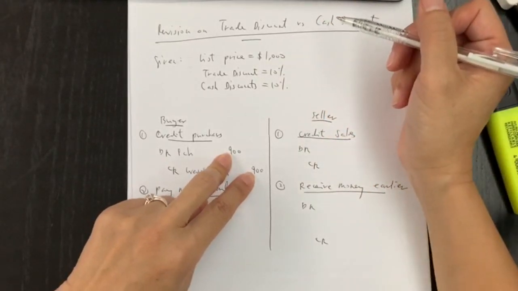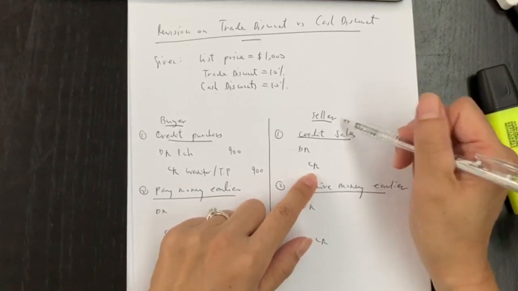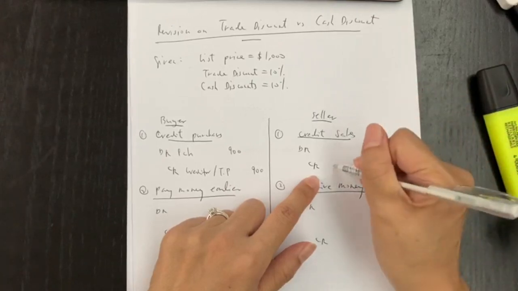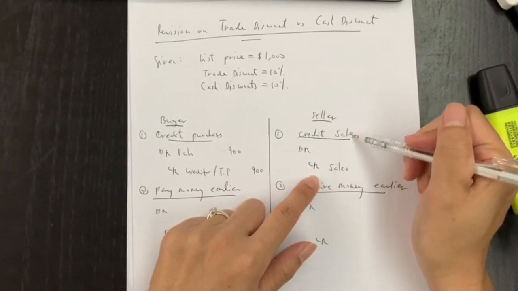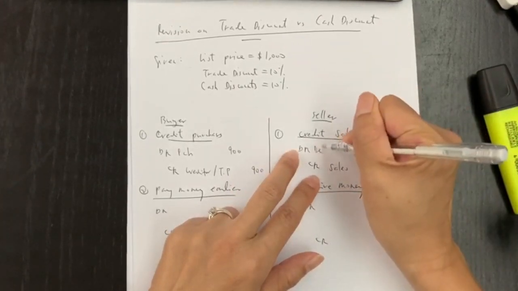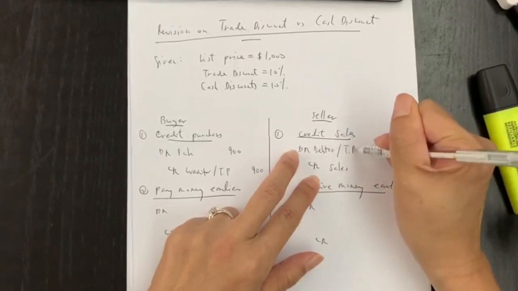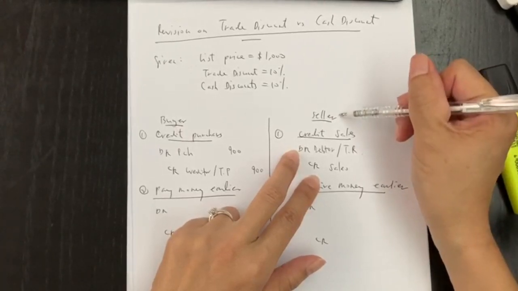All right, okay, here, if we are seller, we will have credit sales. Now, what is a double entry? Sales is always a credit item, right? And since credit sales means no money received yet, so who owe us money? So that will be debtor owing us money, and debtor is same as trade receivable. Now, if we are seller, we want buyers to buy us more.